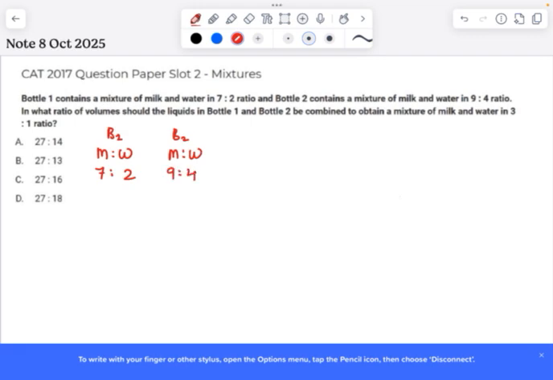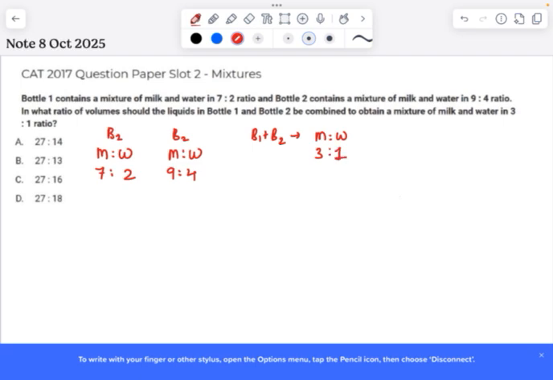Now it's given that in what ratios of volume should the liquids in bottle 1 and bottle 2 be combined to obtain a mixture of milk and water in the ratio 3:1. So we need to combine bottle 1 and bottle 2, and the ratio of milk and water needs to be 3:1.